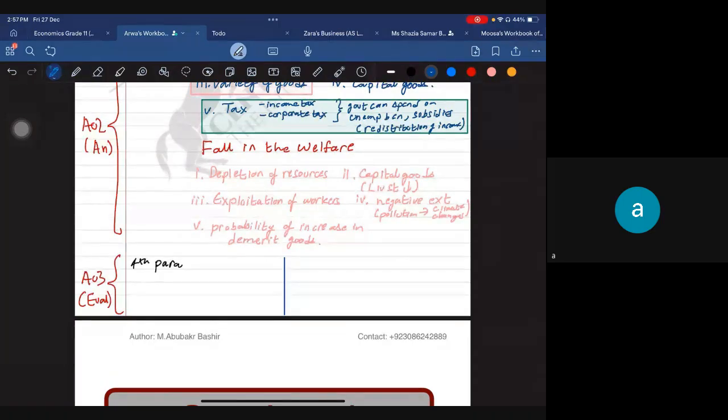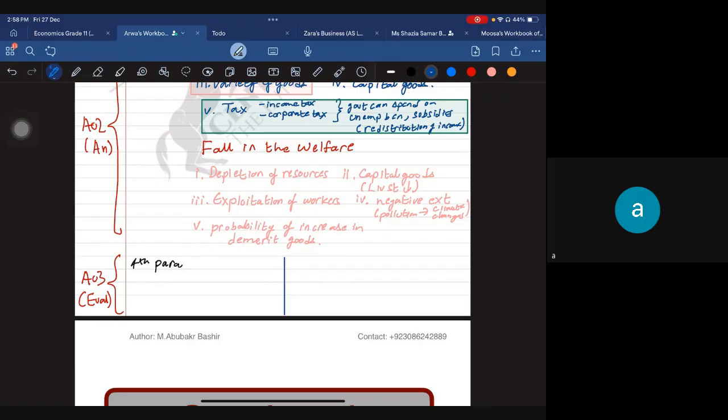On the other side, there can be multiple ways that it can cause a raise in welfare, and I'll try to explain maybe three of those points again.